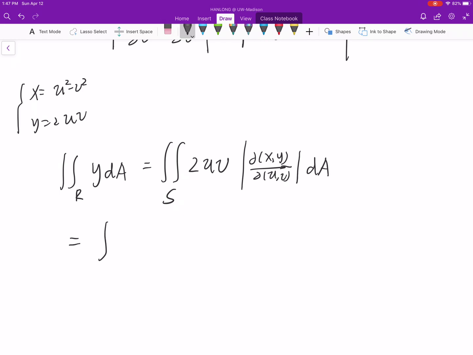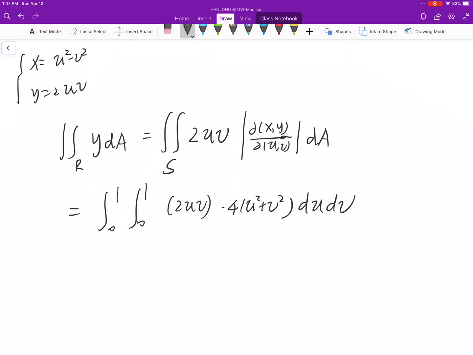And then the domain is 0 to 1, 0 to 1, of 2uv times 4 times u squared plus v squared, du dv. Okay, and then the remaining part is easy. You just have a quite standard double integral over a standard rectangle domain. So I will omit the computation. It's 2.